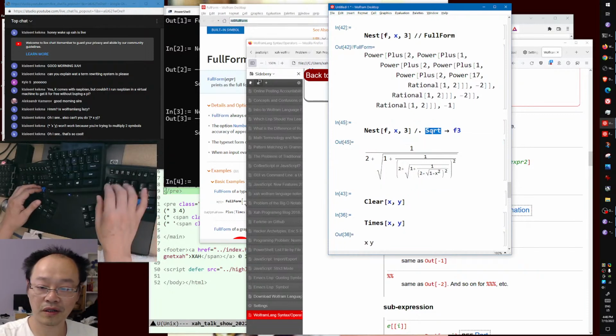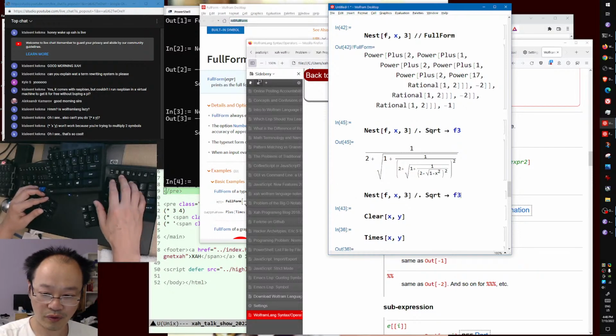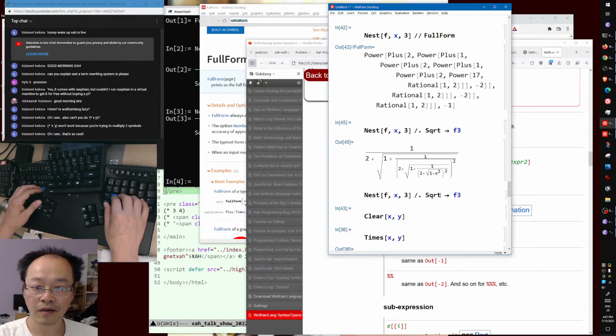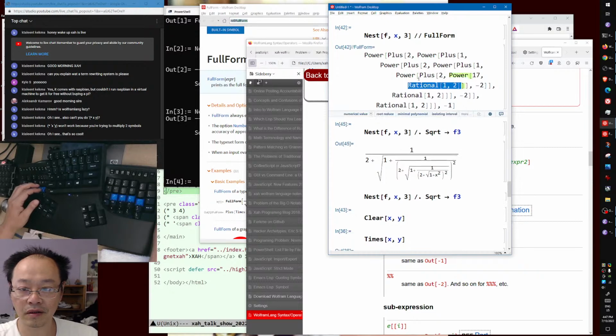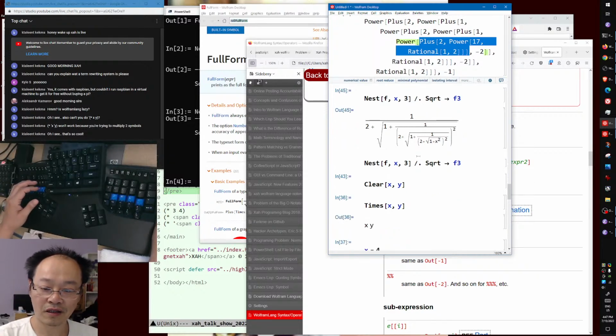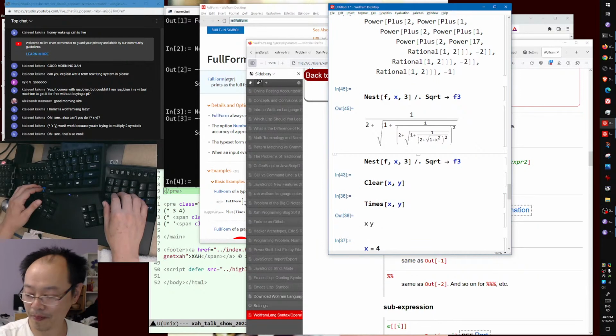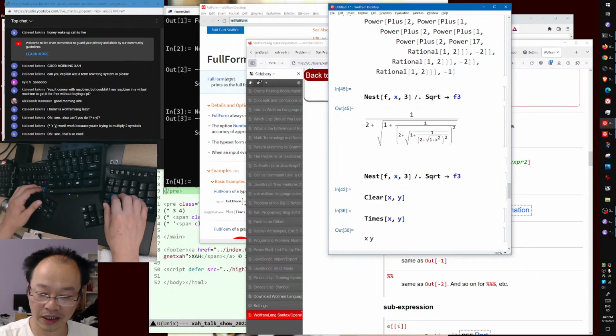So instead of a square root, let's replace, let's go here. We want to replace all the square roots with something else. So we say, let's see, rational, power, power -2. Okay, so now I get it. Here is the way to see why it's not working.